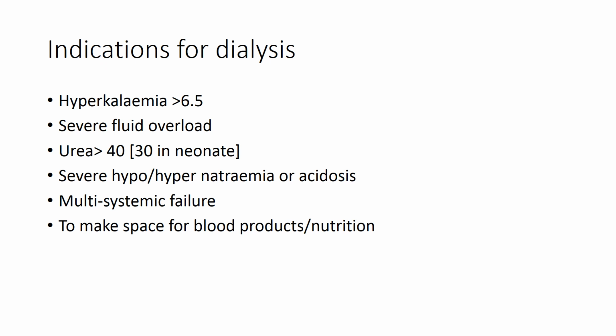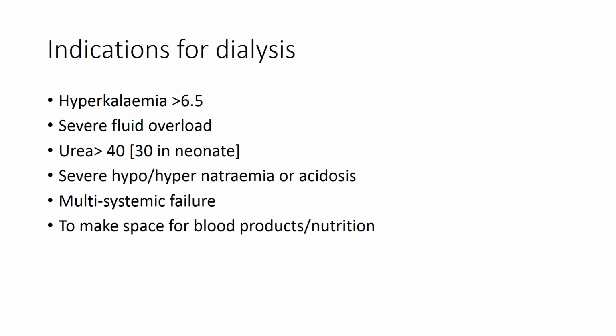If our patient who we've been managing conservatively develops severe fluid overload, so pulmonary edema, or if we are unable to manage hypertension using medical means, that would be an indication for dialysis. If we have a neonate with a urea greater than 30, or in an older child a urea greater than 40, that's a soft indication for dialysis.